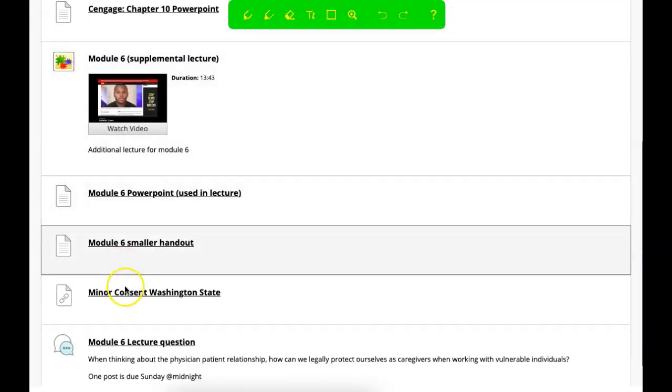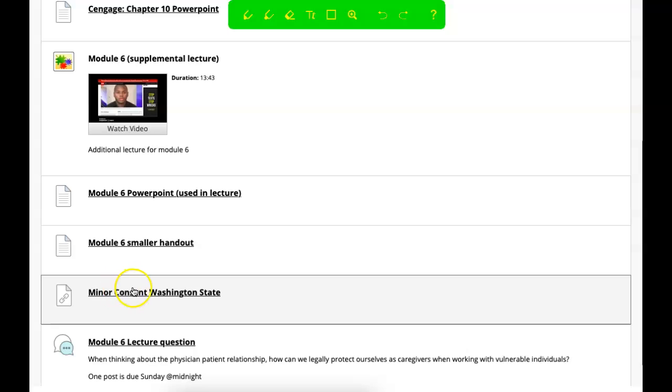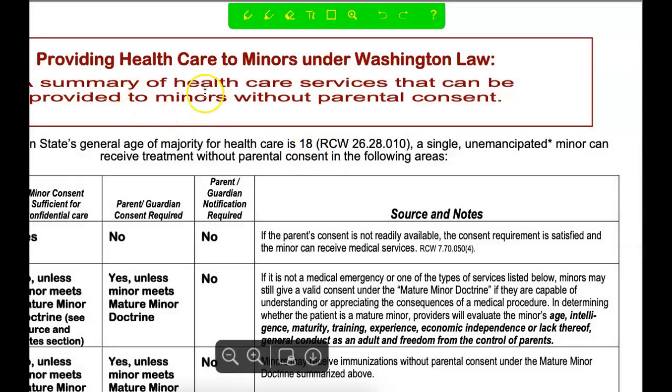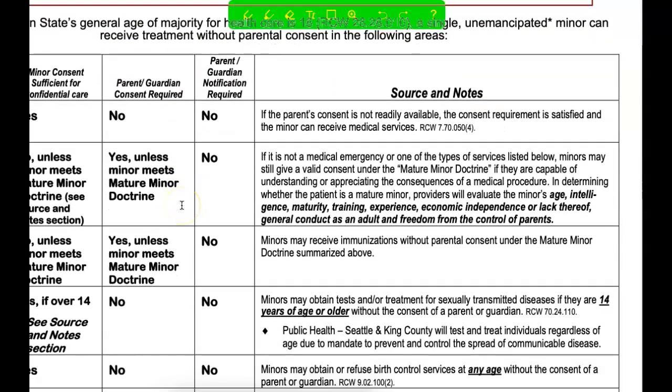One thing that I want you to understand is that minor consent in Washington State is a little bit different than in other states when providing health care to minors. I thought this was an interesting thing from an ethical standpoint. We ran into this when I ran medical practices, but for some emergency procedures you don't need parent or guardian consent, and then of course with things like immunizations, maybe you don't need parent or guardian consent.